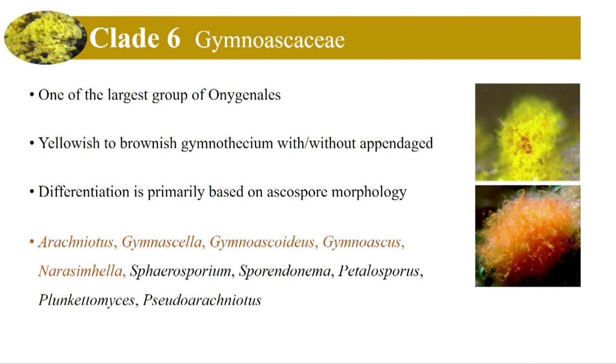And clade 6 was represented by members of Gymnoascaceae, which is one of the largest groups of the order. They are characterized by yellowish to brownish ascomata, as you can see here, with or without appendages. And the differentiation in the family is based on ascospore morphology. And based on morphology, of course, many genera were described.